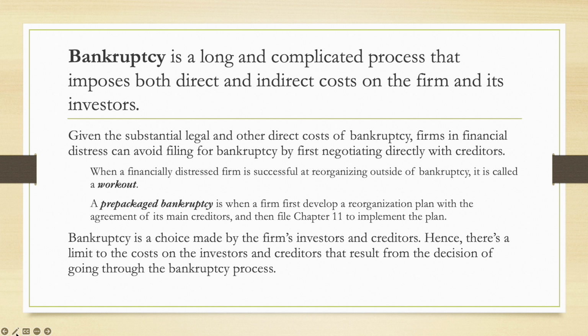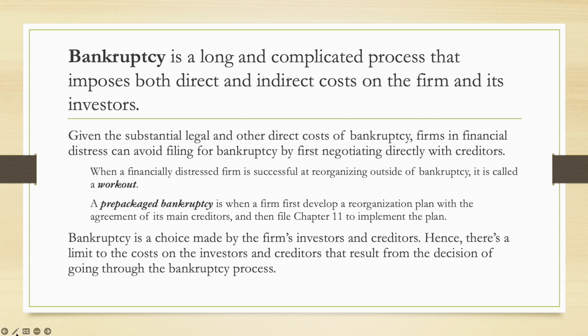We talked in the last slide about how bankruptcy is a choice made by the firm's investors and creditors. Therefore, there is a limit to the costs on the investors and creditors that result from the decision of going through the bankruptcy process.